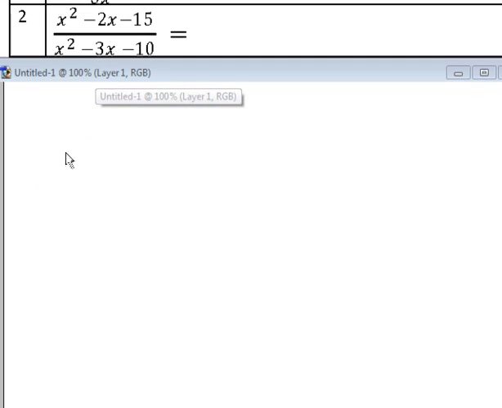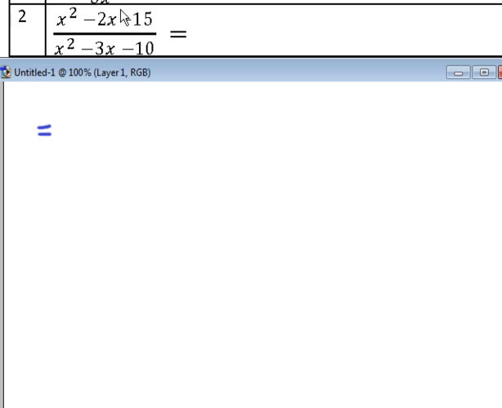In number 2, we're also reducing. So we're going to factor this numerator and this denominator. They're both quadratics, so we'll factor. All right, so here the first quadratic, we put x here and x here, and we'll factor that.